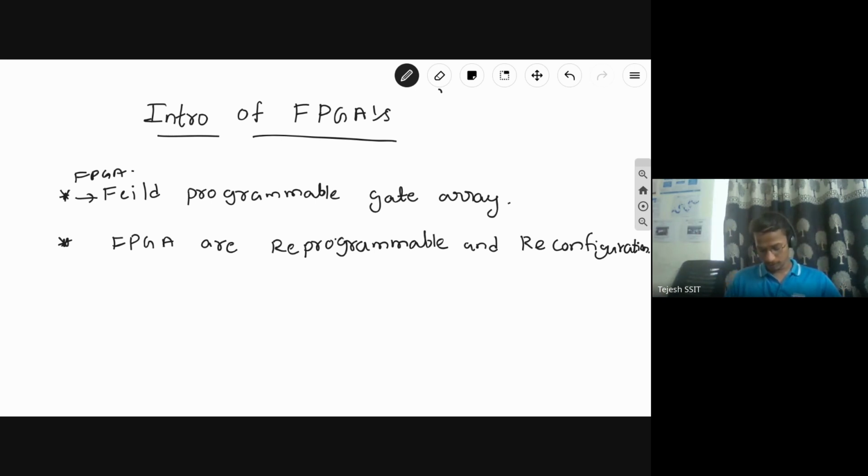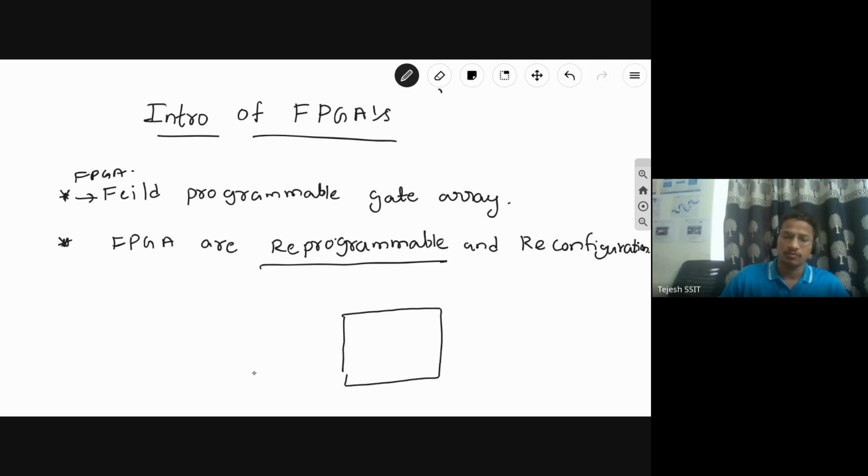Reprogrammable means, suppose here there is an FPGA board. I'll just draw it myself. All of you please see this one. This is the FPGA board, and I can connect it with my laptop.